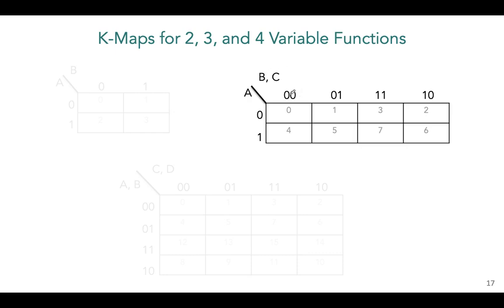Both B and C can be 0, 0, or B can be 0 and C can be 1, or B could be 1 and C could be 1, or B could be 1 and C could be 0. So these are the 4 possible combinations for these 2 variables taken together.